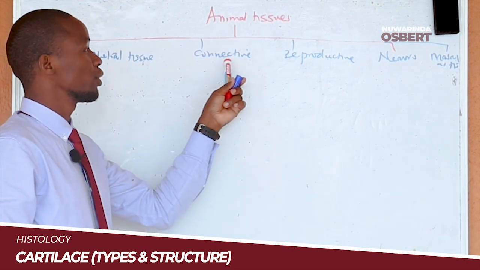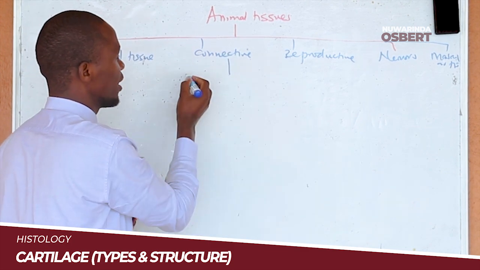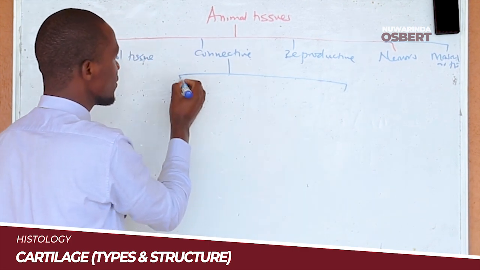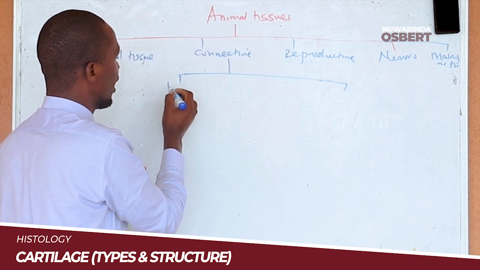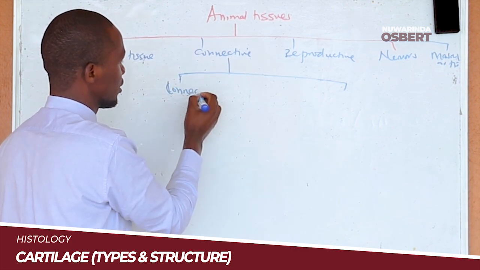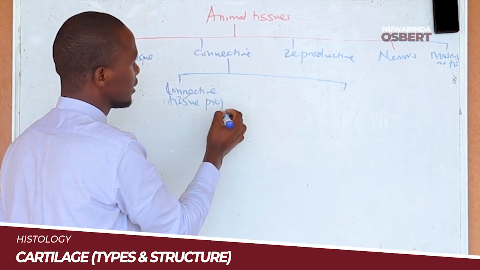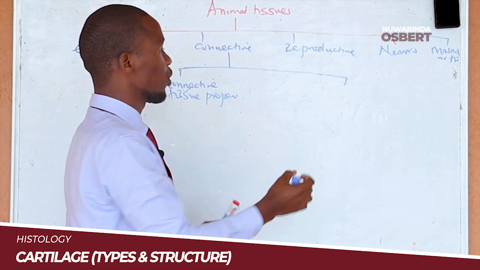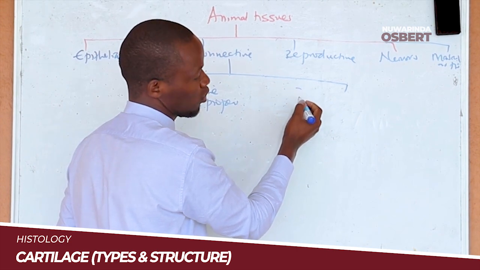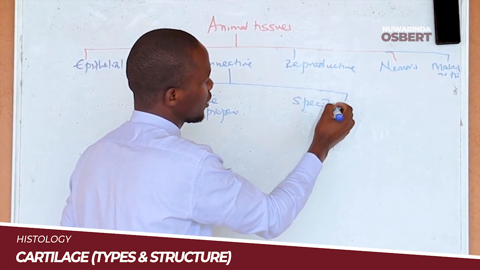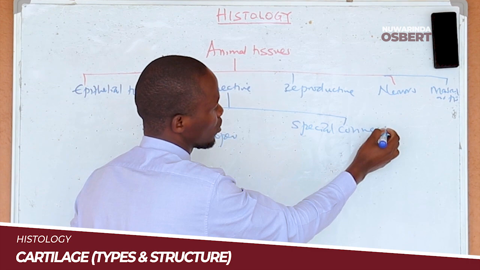Now, we were able to see that connective tissue is divided into what we call connective tissue proper, and then what we call special connective tissue.